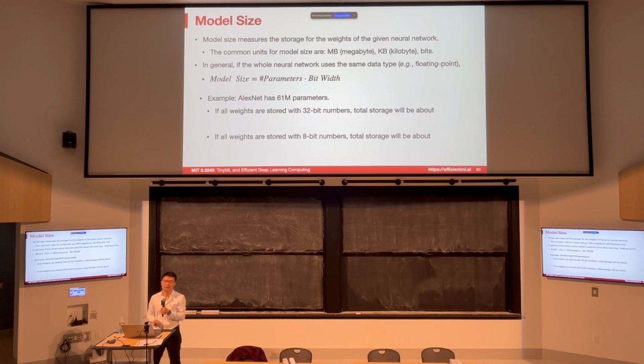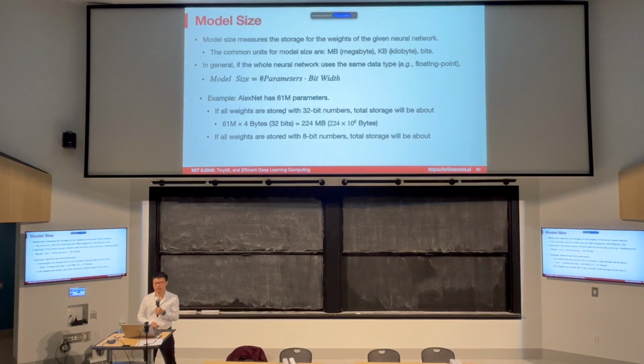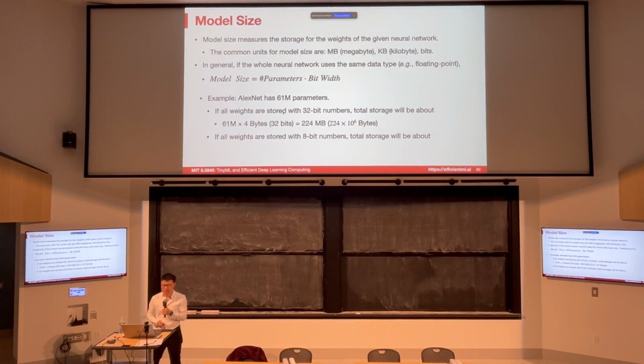If each weight is represented by a single precision 32-bit number, how many bytes are there in 32 bits? 4 bytes, right? 32 bits equal to 4 bytes. So 61 million times 4, you have 244 megabytes.